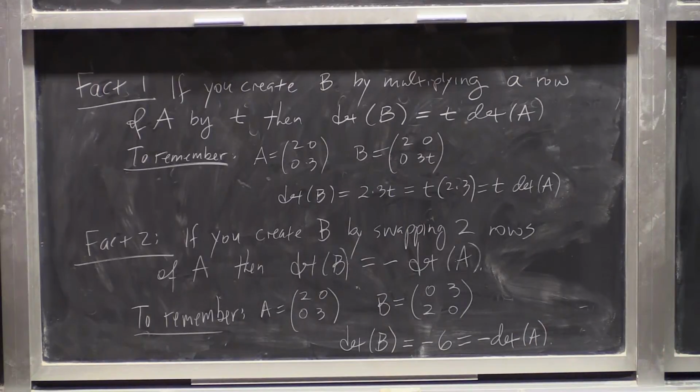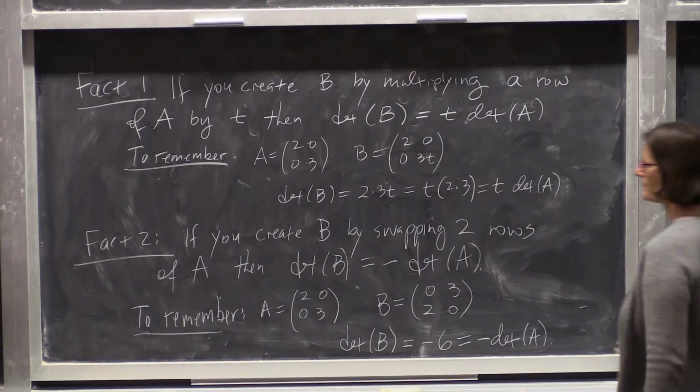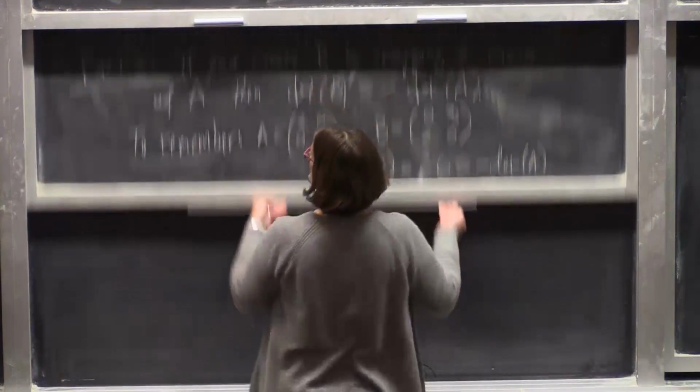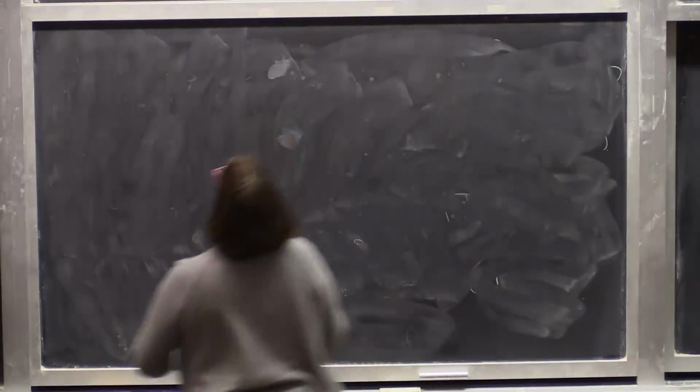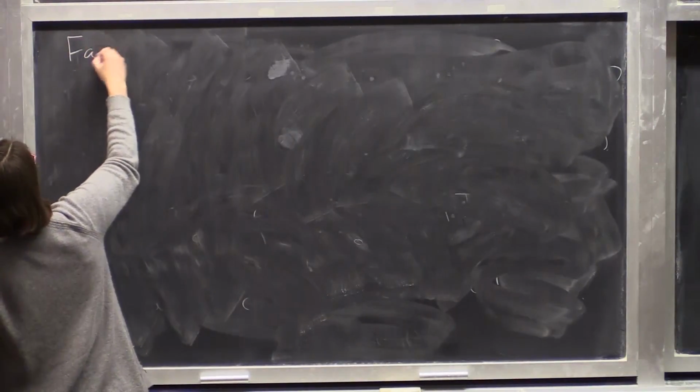So if you are ever having a moment of crisis where you're like, I forgot the rule, try the rule on a simple diagonal matrix. It's not a proof, but it's a way to remember. Fact 3.